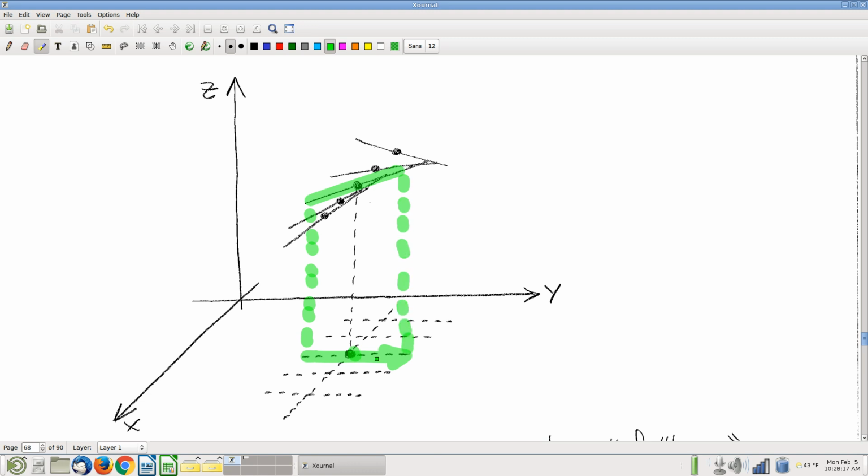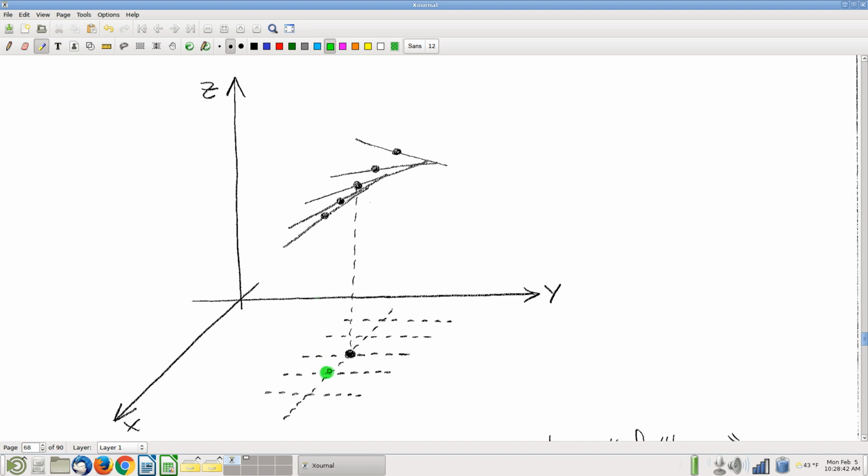Partials with respect to y say look in the y direction. So at this point here, for example, there's the point above it on the graph, if I had drawn the graph. And there'd be some tangent line in the cross section, for example, maybe it might look like that. And that slope of that line is the y partial at that point. And then you can imagine doing the same thing at different points.